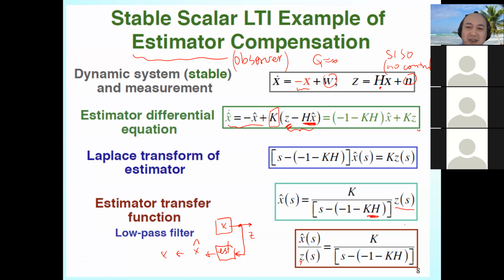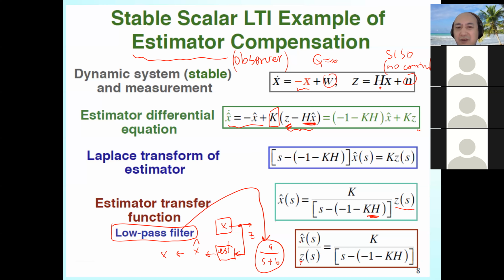So K is a gain, or everything is gain. So here it is like A divided by S plus B. A and B are both greater than 0. What's this? This is a low pass filter. If you do a Bode plot, this is the dB in here.